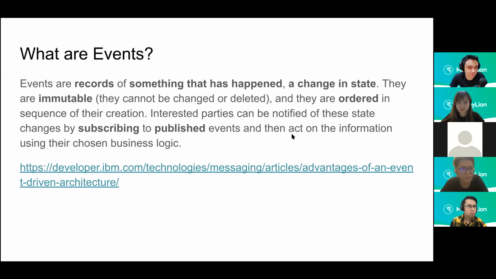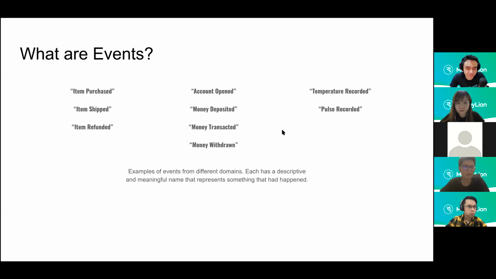Let's look at some examples of the typical events you can observe in your system. As you can see here, I have named a few different events. These are events that come from different domains, and each event has a very descriptive and meaningful name that represents something that has happened.